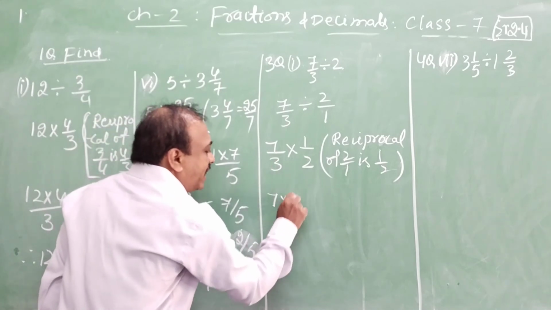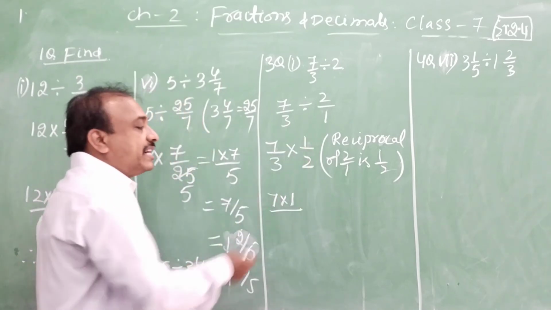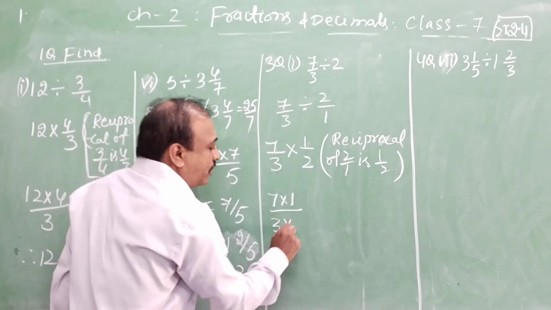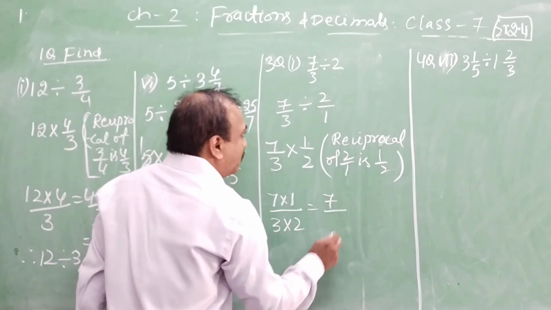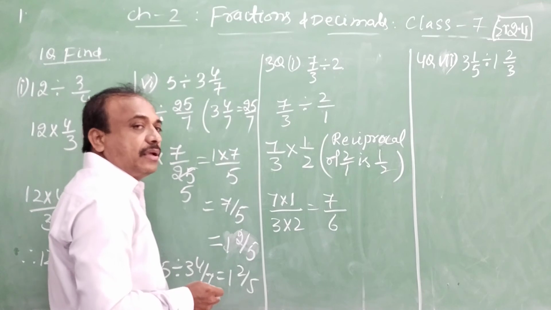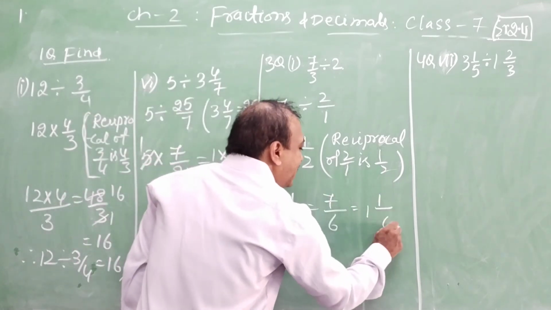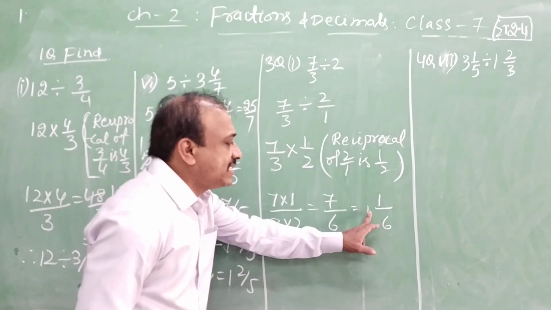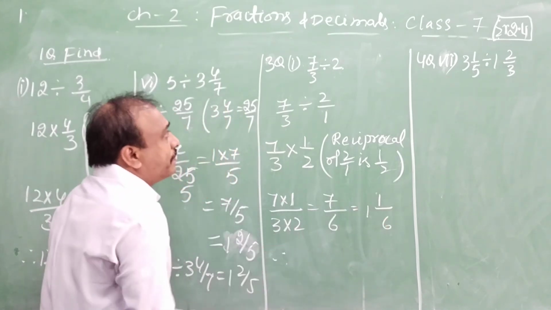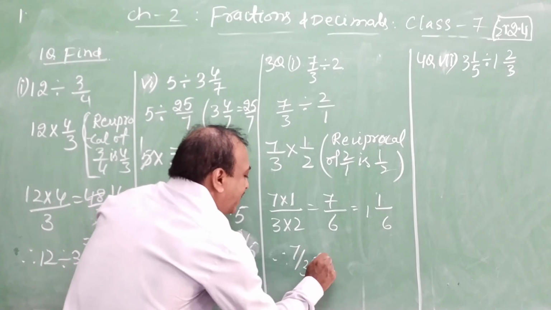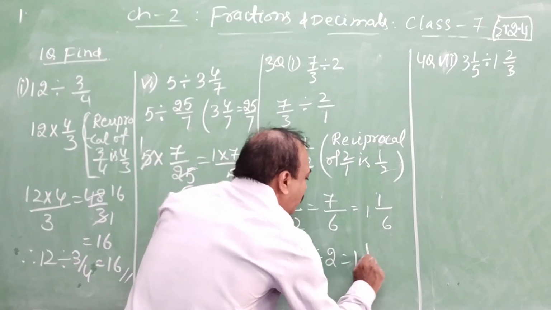So 7 into 1, numerator to numerator, denominator to denominator, we find the product. 7 by 3 twos are 6. How to convert into a mixed number? Divide. So 1 1 by 6. 6 ones are 6, 6 plus 1 is 7. Therefore 7 by 3 divided by 2 is equal to 1 1 by 6.